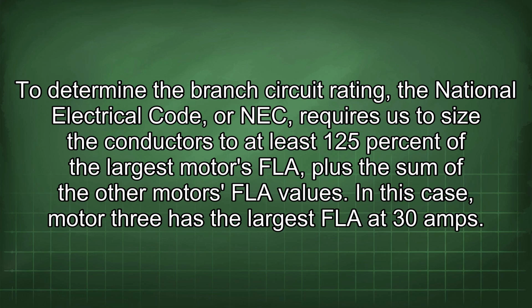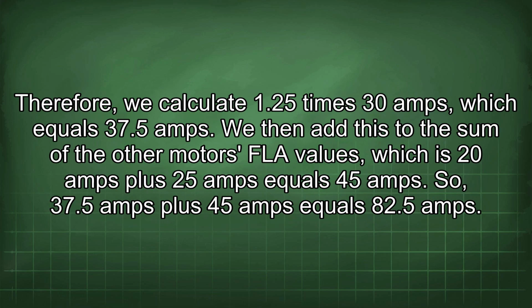To determine the branch circuit rating, the National Electrical Code (NEC) requires us to size the conductors to at least 125% of the largest motor's FLA plus the sum of the other motors' FLA values. In this case, motor 3 has the largest FLA at 30 amps. Therefore, we calculate 1.25 times 30 amps, which equals 37.5 amps.